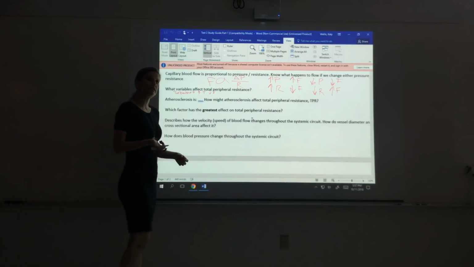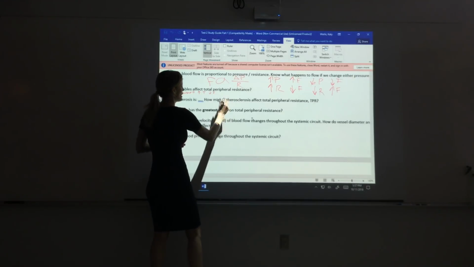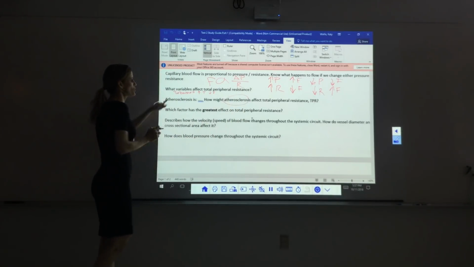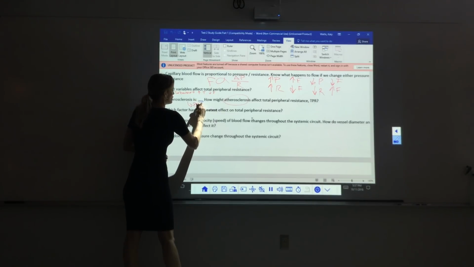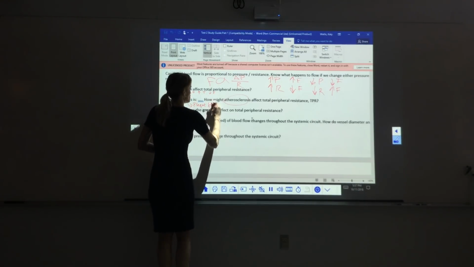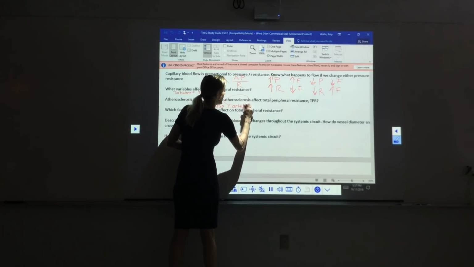But there is a disease state that can affect turbulence. What disease state was that? Atherosclerosis. Okay, so what is atherosclerosis? Plaque builds up in arteries. Why does it build up?